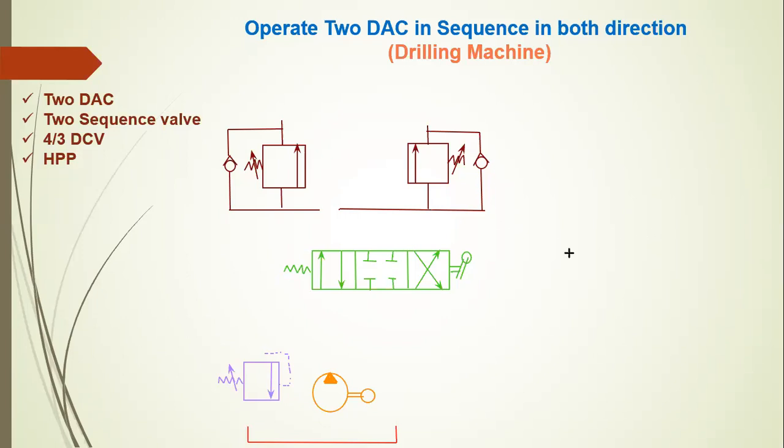Here give the input and output condition for the check valve. The check valve's first output from this position is called output 1. Then after completion of this output, it gives output from its secondary side. Also give the output for the second sequence valve as 3, and here name it 4. Give one bypass line for both sequence lines.